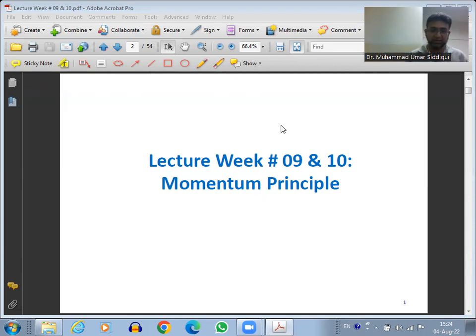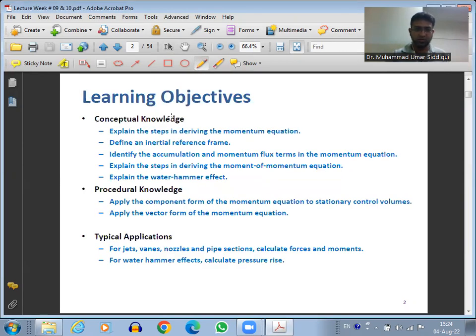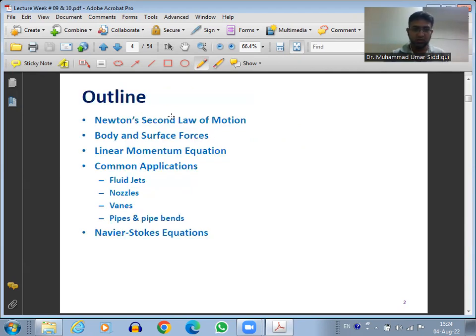This is chapter number 6 from your textbook, which is about the momentum principle. The basic outline of what we are going to cover in this chapter will be Newton's second law of motion.